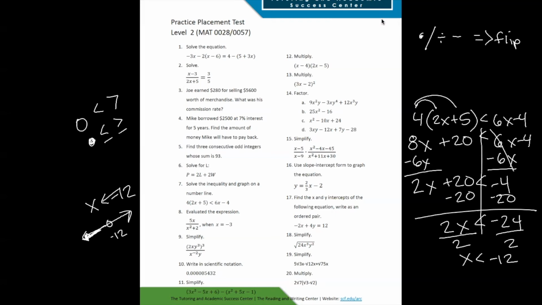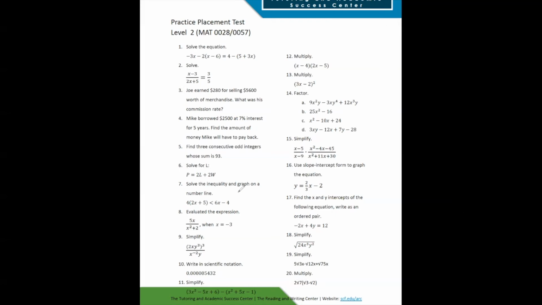Let's do number 8. Number 8 asks us to evaluate the expression 5x over x squared plus 2 when x equals negative 3. Now for number 8, the correct solution is going to be negative 15 over 11. In order to get that solution, I'm going to first write my expression 5x over x squared plus 2.